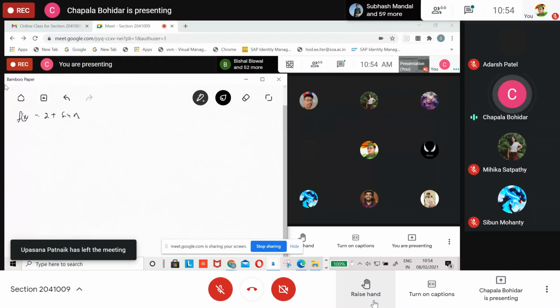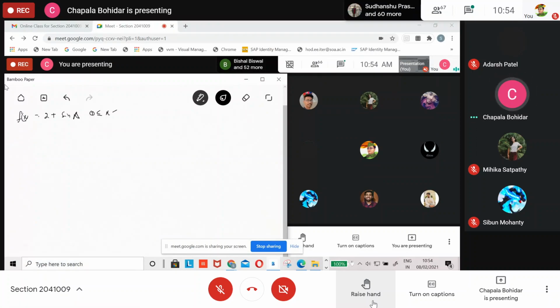Your domain is given, 0 is less than or equal to x is less than or equal to pi. Domain is this one, 0 to pi. Now solve this for n is equal to 2, 4, 8.